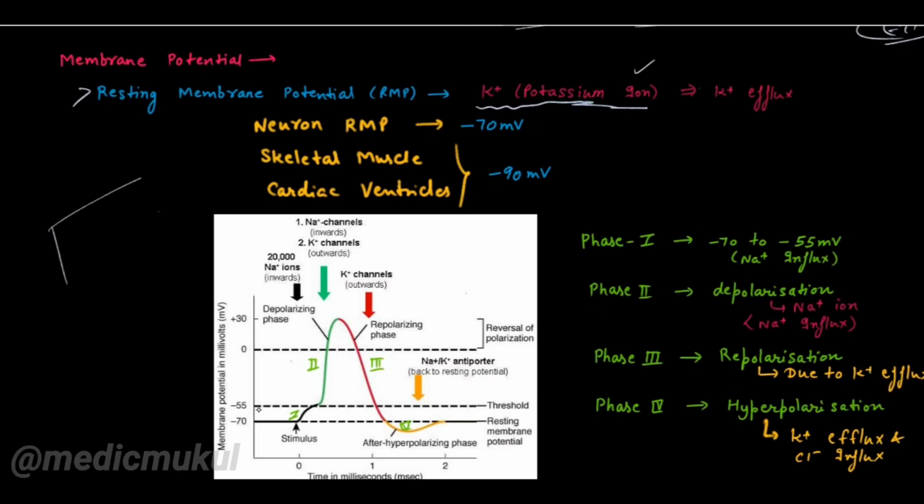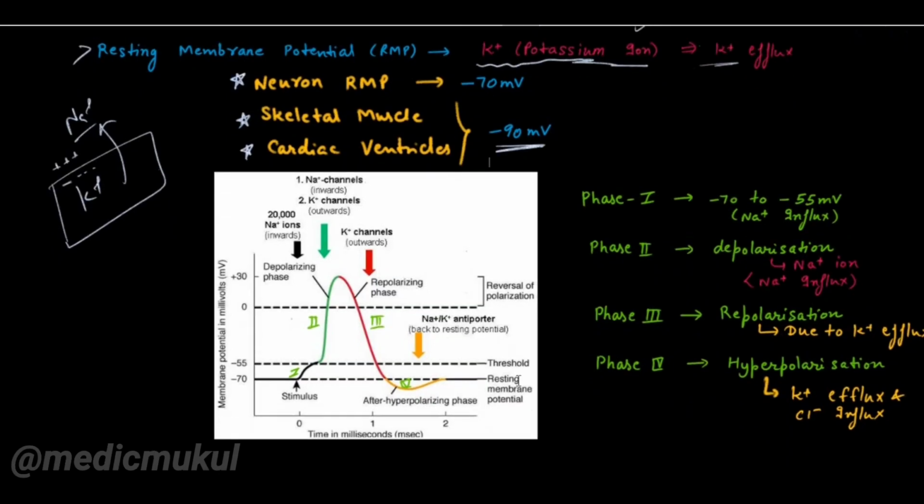Normally in our cell there is more potassium inside and more sodium extracellularly. The potassium ion moves out, which leads to a negative charge inside the cell and a positive charge outside. That leads to the resting membrane potential. For examples, the neuron resting membrane potential is minus 70 millivolts. Skeletal muscles and cardiac muscles are minus 90 millivolts.